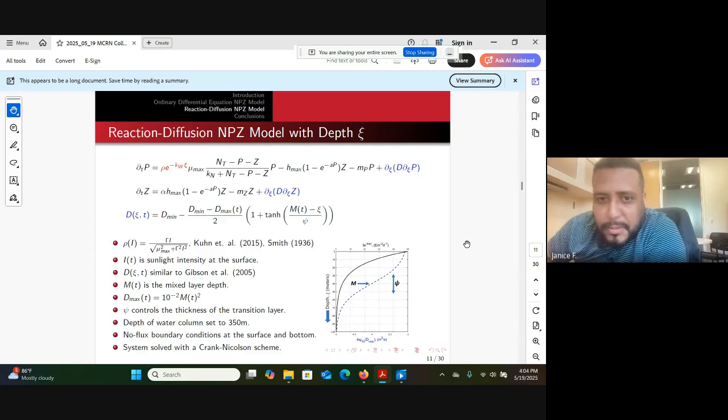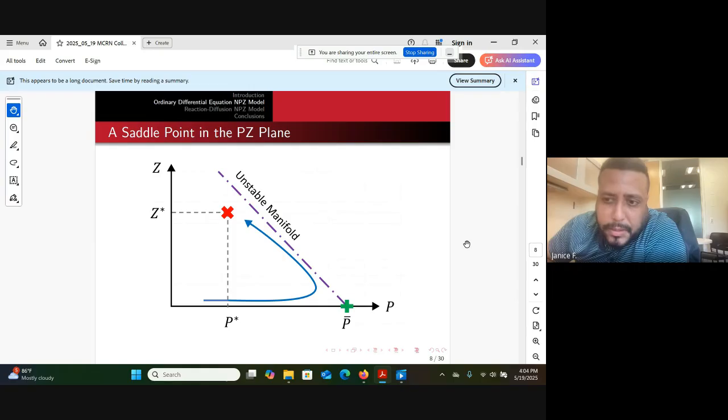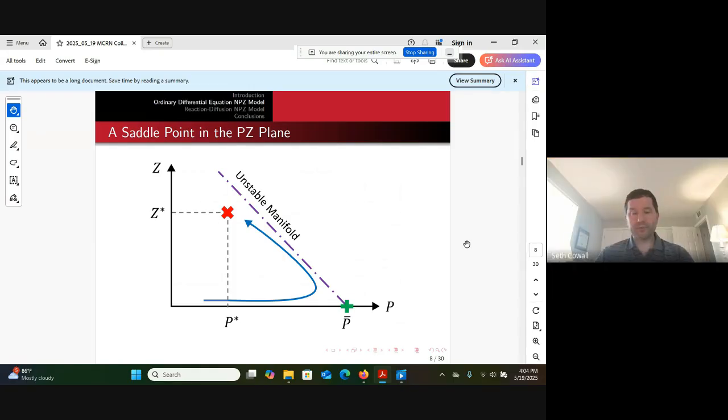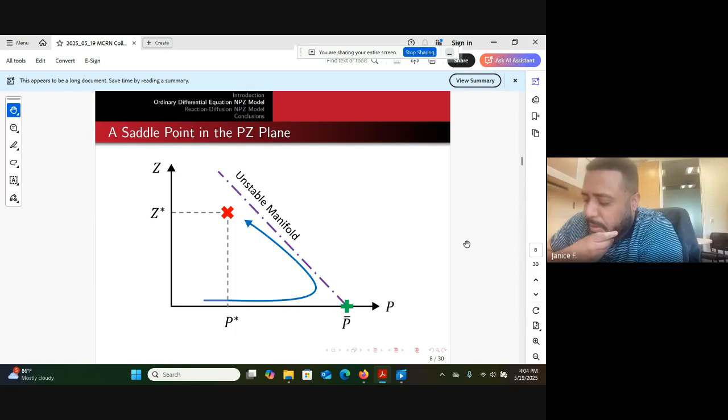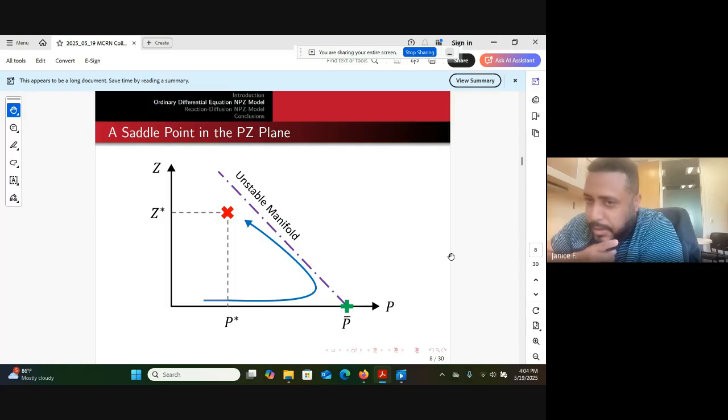So in your plot, if you go back to your ODE plot, where you had the saddle, the phase space. Yep. Okay, hold on. You mean this one? Yeah. So 0 is a saddle, right? Okay, down here. Yes, that's the extinction state, 0, 0.